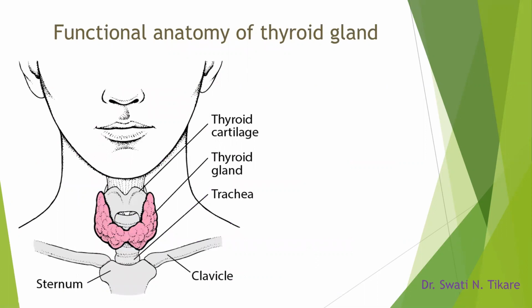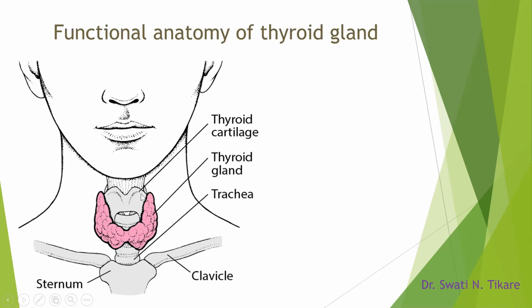So as you all know, the thyroid gland is a butterfly-shaped structure that is present in the anterior part of the neck. Okay, so it overlies the trachea, and you can see two lobes, right and the left lobe, which is connected in the middle with an isthmus. Sometimes there is an additional lobe in the center, which goes up here like this, and it is called the pyramidal lobe.